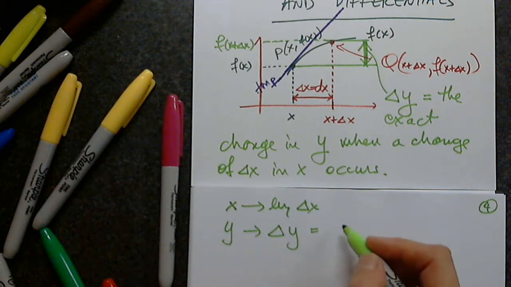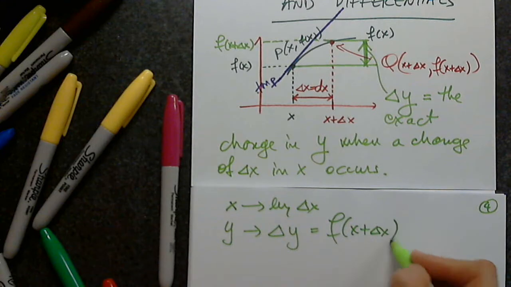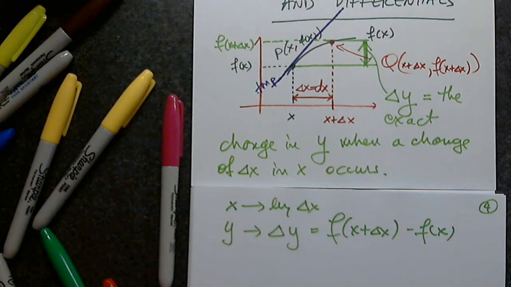F of x plus delta x minus f of x. So remember this was C of 201. The minor change was 1. X was 200. And this was C of 200. Remember from the problem with the cost. Okay.